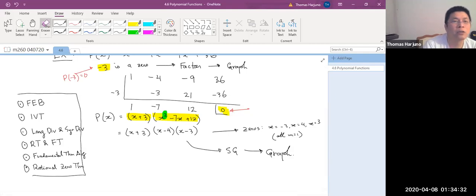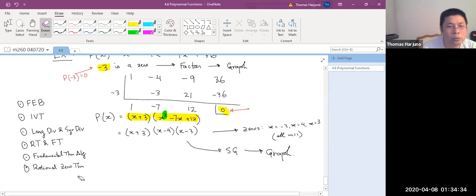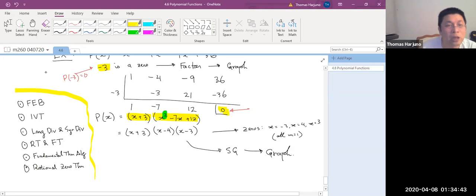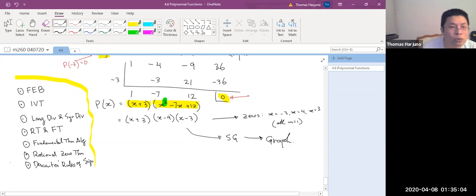After that, Descartes' rule of signs. And then the last one, the conjugate zero theorem.